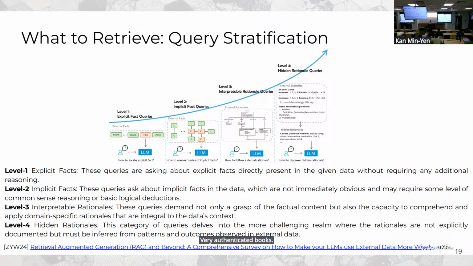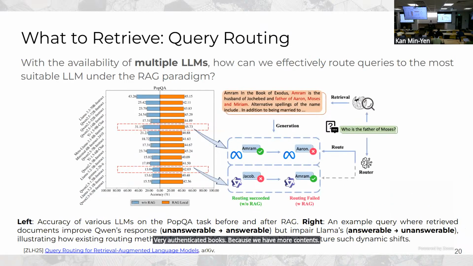Because we have more content in the text, another work I'd like to mention about what to retrieve is called query routing. Here, query routing is different from the previous section. In the previous section, it was just one LLM.